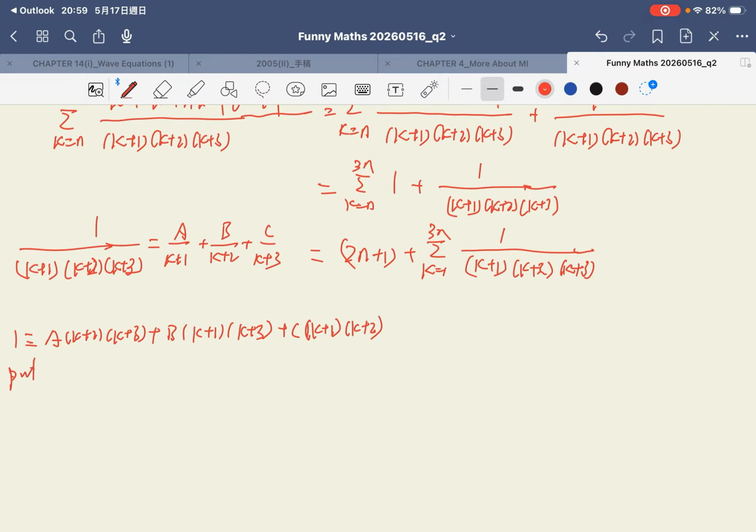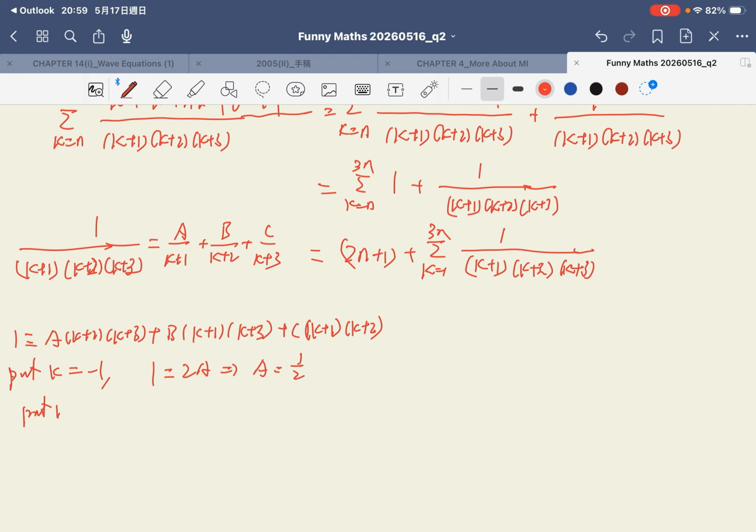Put k equal to -1. The left hand side is 1, and on the right hand side two terms are 0, leaving 2a, so a equals 1 over 2.